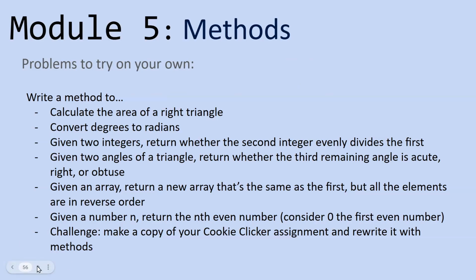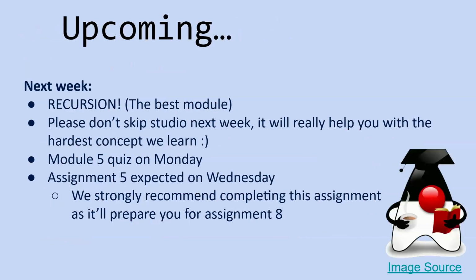And then another challenge, which I think is good practice: make a copy of your cookie clicker assignment and rewrite it with methods. It might make things more compartmentalized and the code slightly easier to read too, because you can just look at the method name and see, oh, this part's doing that. So just make your cookie clicker assignment a little neater using methods.